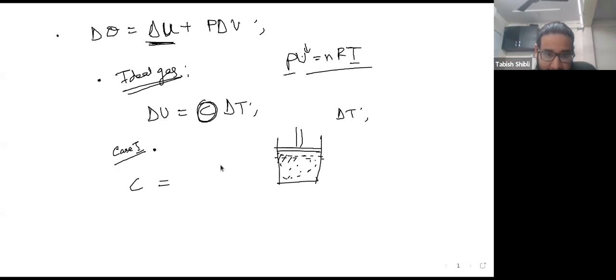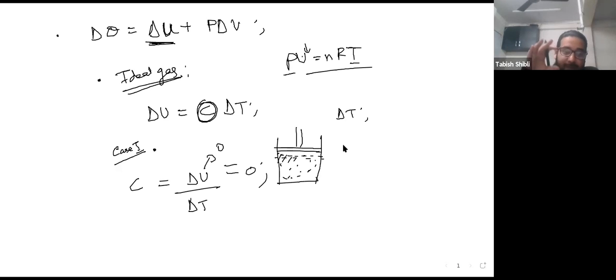In this case delta T is just zero, so my C is actually zero. This is the minimum value of C that can happen. You can just quickly decrease the volume without changing the internal energy. So my specific heat is essentially zero in this case.